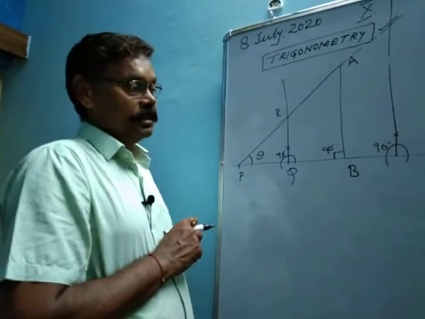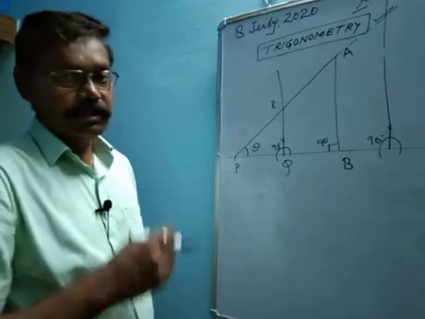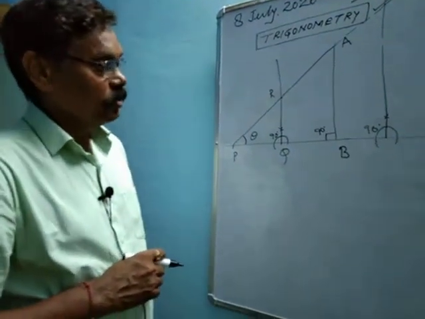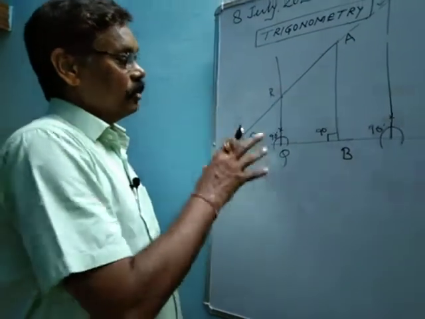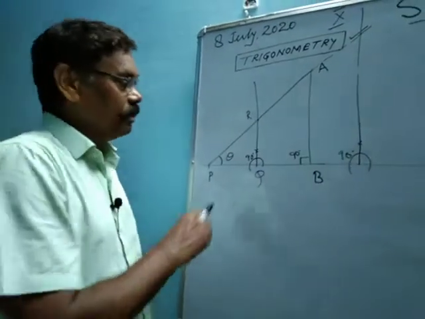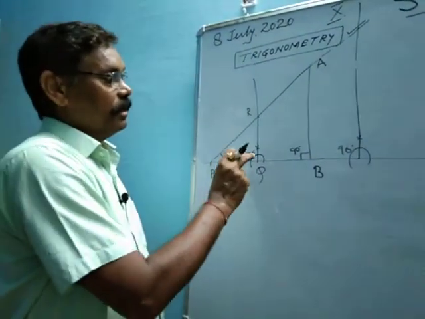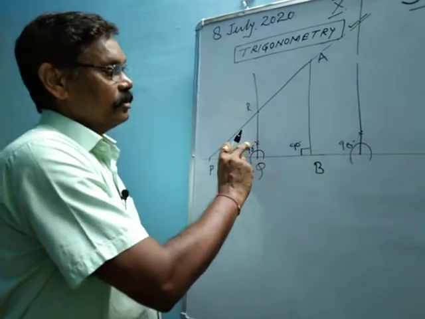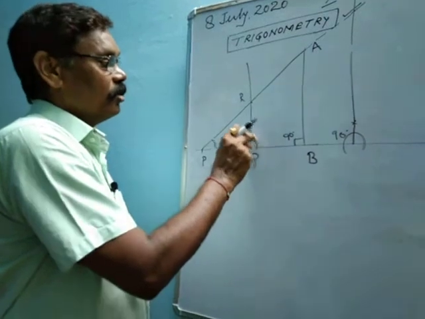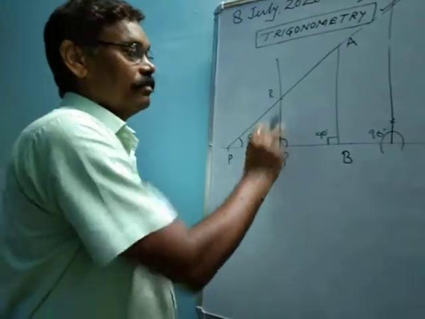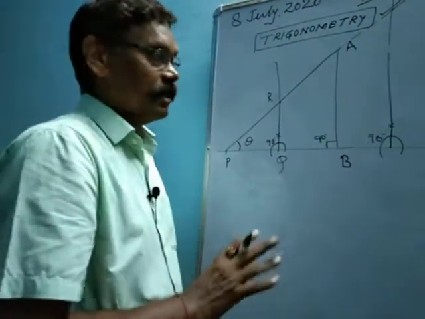This angle doesn't change. So what I want you people to do now is one activity, one experiment: draw a figure of this type, take any acute angle and drop a perpendicular from the top to this line, or you can draw a line perpendicular to the base. Anything can be done.